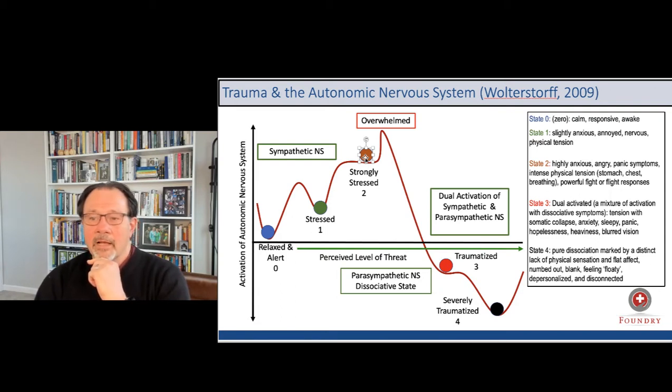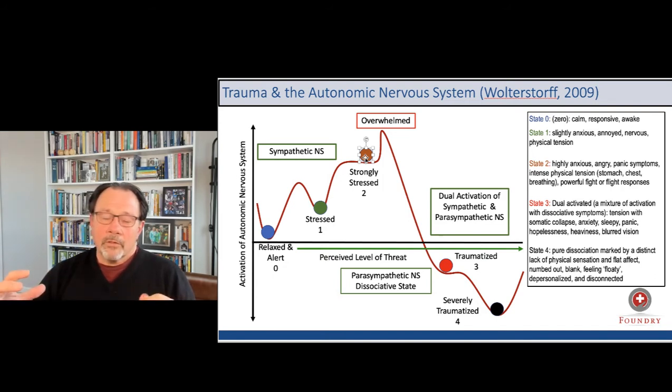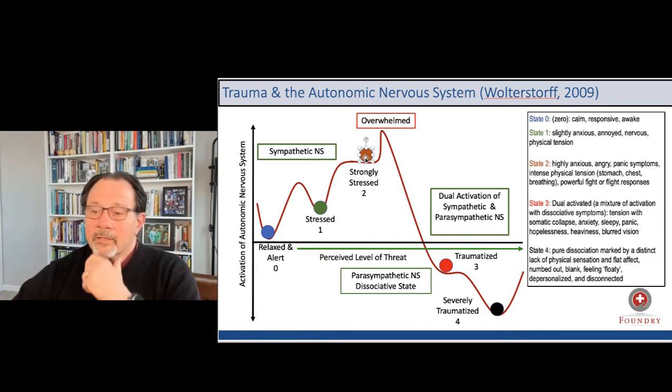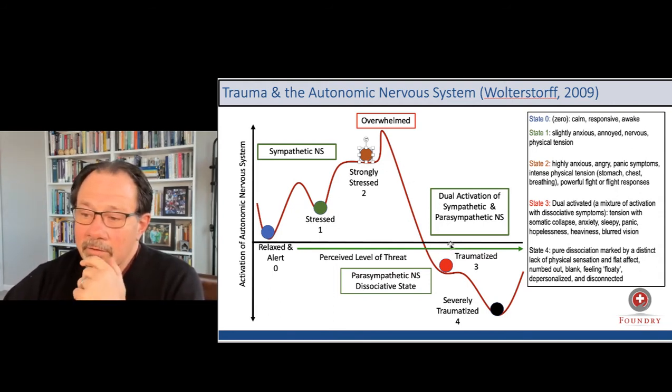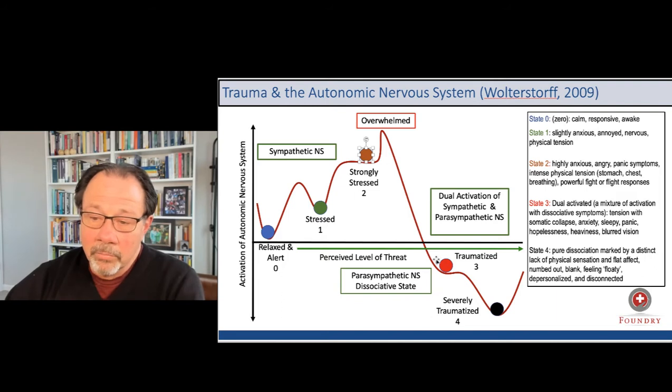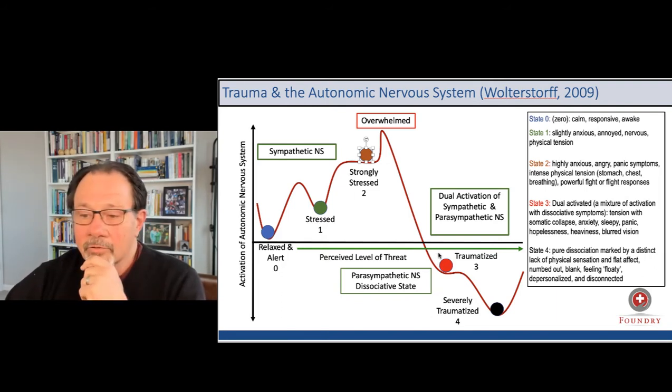It's not necessarily a conscious process, but whatever they've tried to use in order to stay safe and to avoid harm hasn't worked, and so they move into the dually activated state, which means that if an opportunity were to happen to get out of that situation, they still have the physiological ability, the tension, the blood still in the muscles and the adrenaline still present, that the person could get out of harm's way if the opportunity arose, but typically they stay in that place.